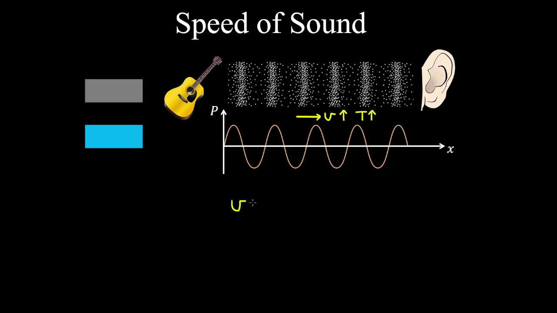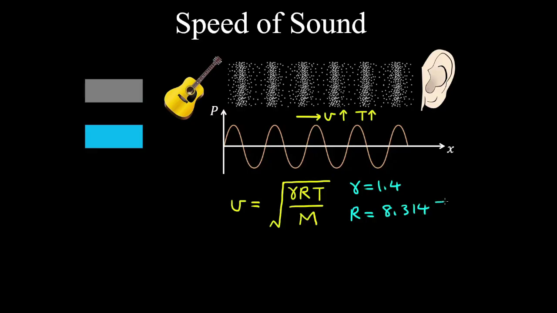So the speed of sound in a gas medium, like air, can be derived using the wave equation, and it's equal to the square root of the adiabatic constant by the universal gas constant by the temperature of the medium over the molecular mass of the medium. So the adiabatic index for air is 1.4, and the universal gas constant is 8.314 joules per mole Kelvin, which you've seen in the thermodynamics part of the course.